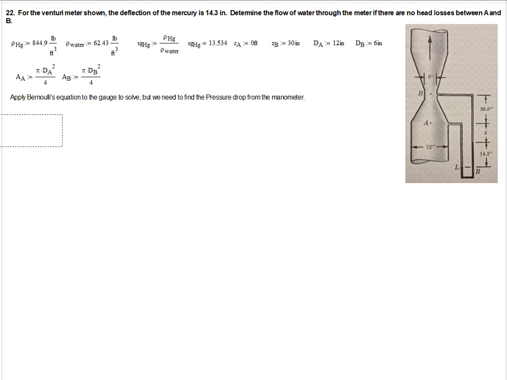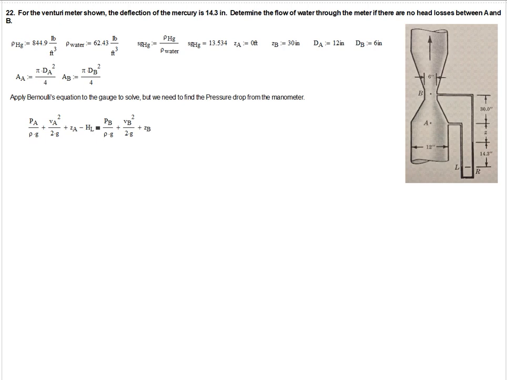Bernoulli's equation is going to be the standard form, where the pressure at A over rho g plus V squared over 2g plus the elevation is the energy at A, minus the head losses, equal to the energy at B. And that's going to be the pressure, the velocity, and the elevation. Now, we are told that there are no head losses, so we can neglect that.